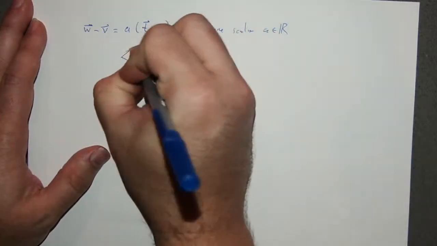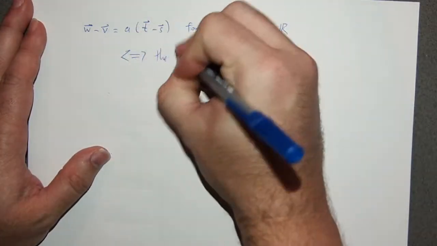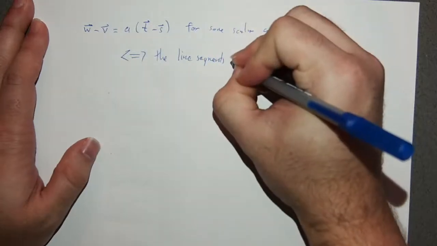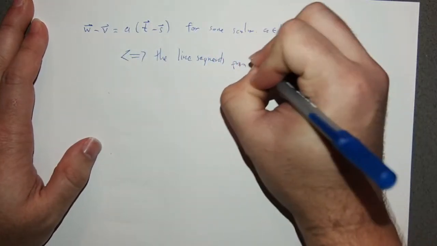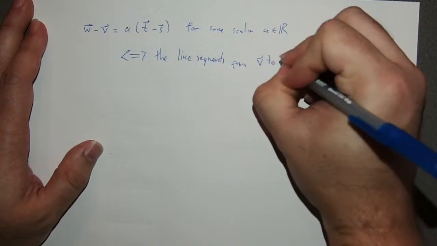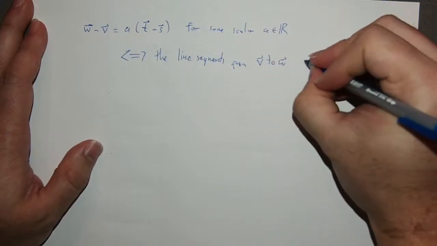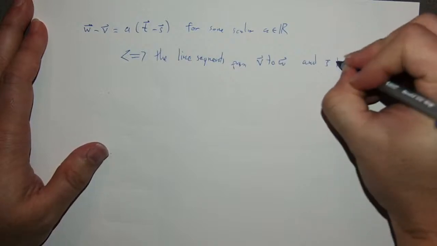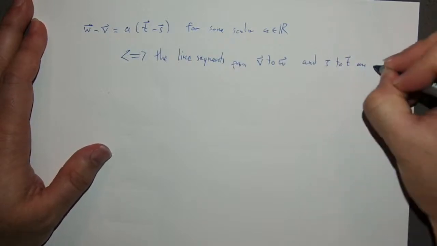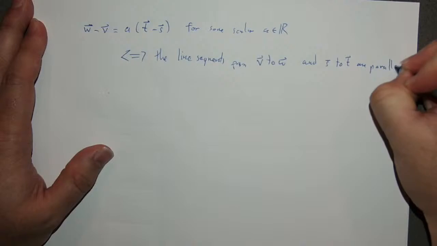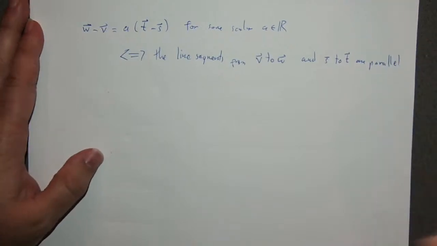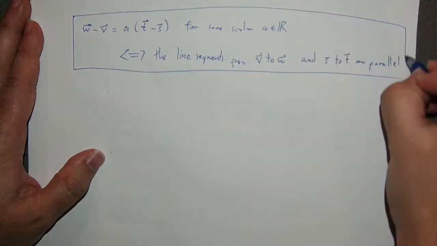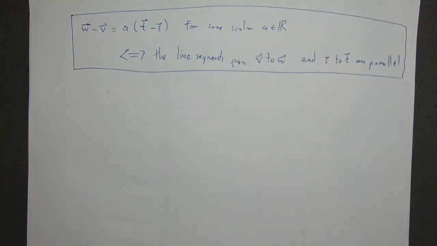This occurs if and only if the line segments from v to w and s to t are parallel. So this is a formulation of two line segments being parallel.